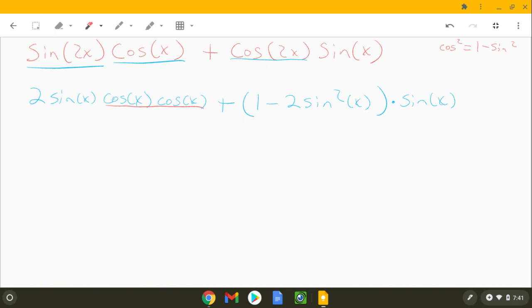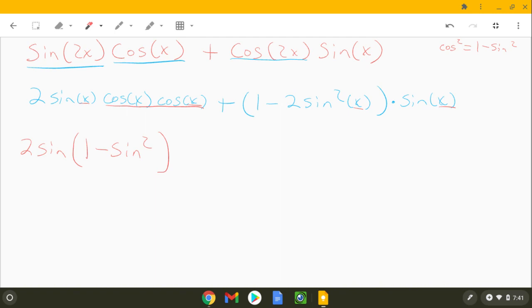So I'm going to end up saying 2 sine, and then 1 minus sine squared of x. Notice all of these are just down to single angles. They're all just regular x's, so I'm not going to put the parentheses x part anymore.